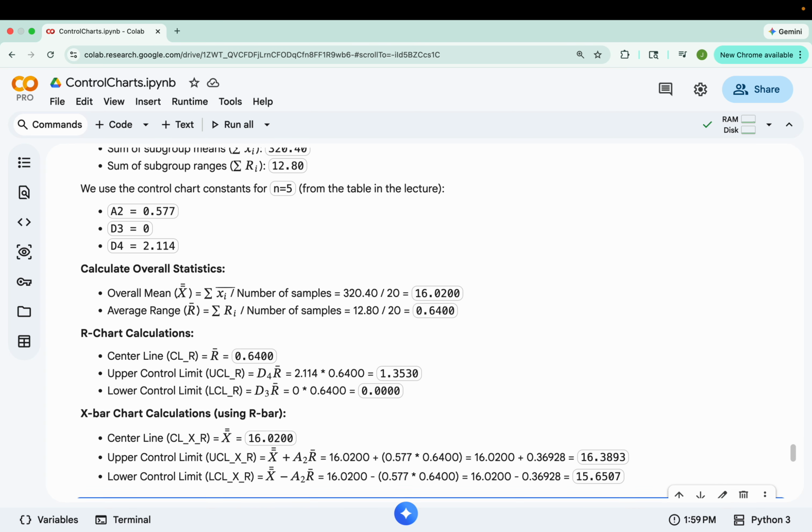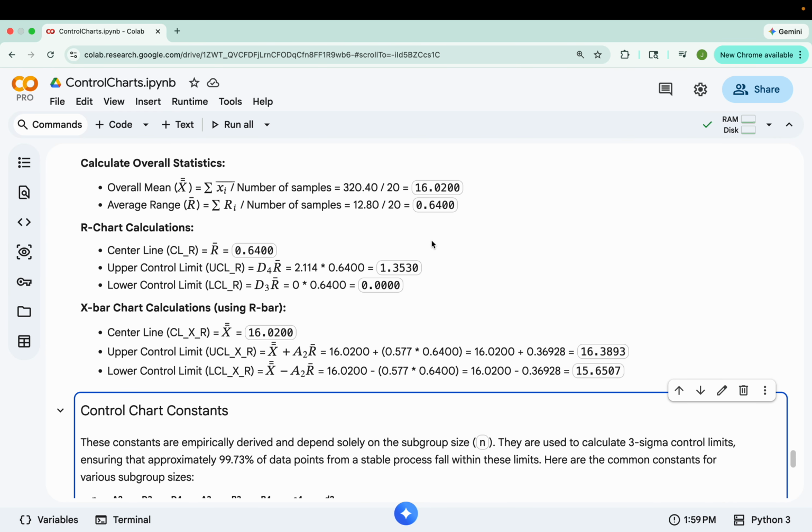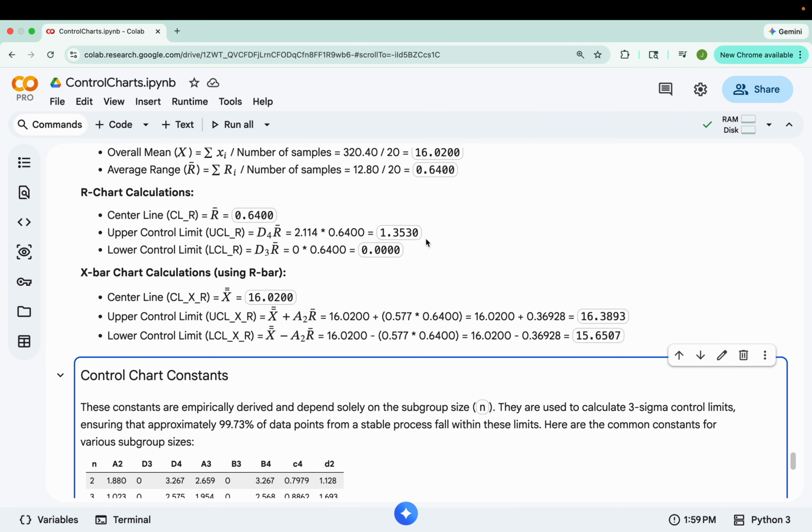Okay. Now we calculate the overall average, so we take our sum of the overall mean, divide it by 20, we get 16. The overall range, we take the 12.8, divide it by 20. And now for our R chart calculation, we get our center line is that 0.64. The upper control limit, we just take D4 times R bar.